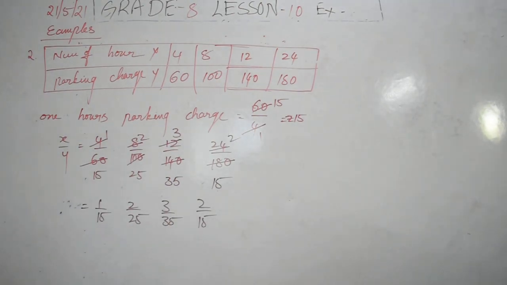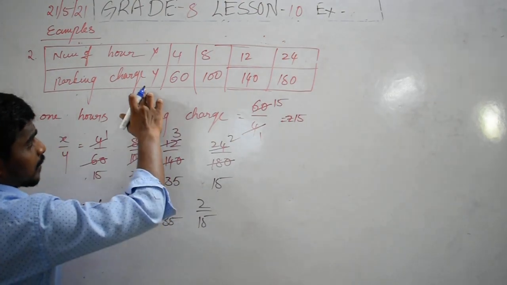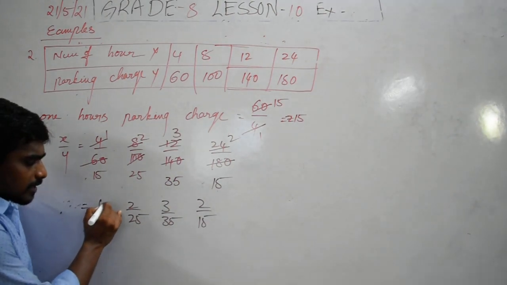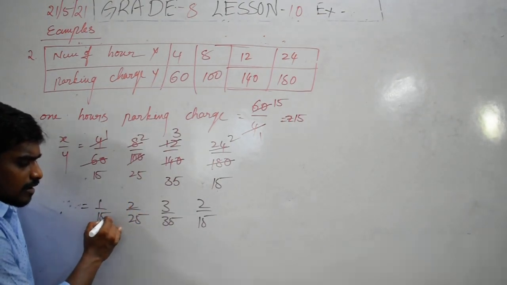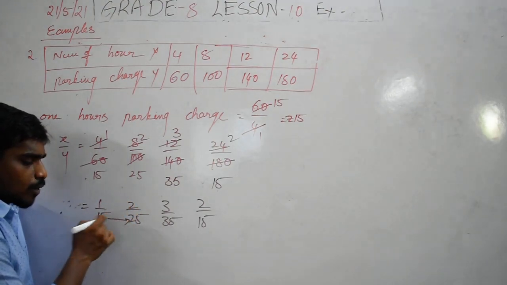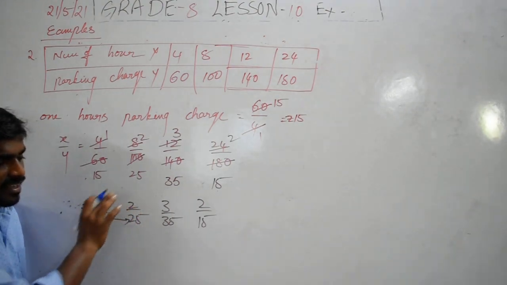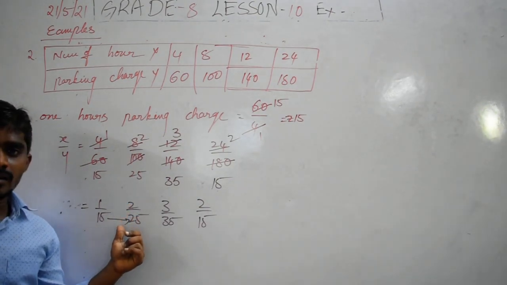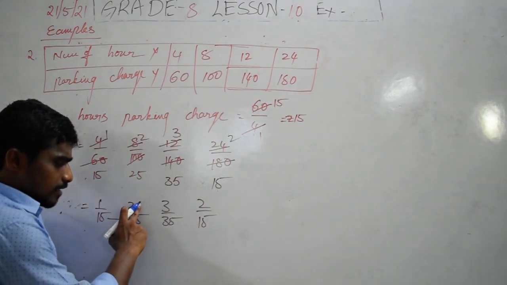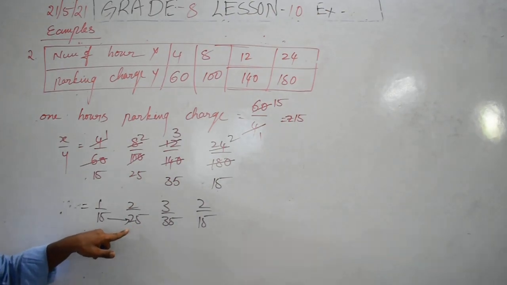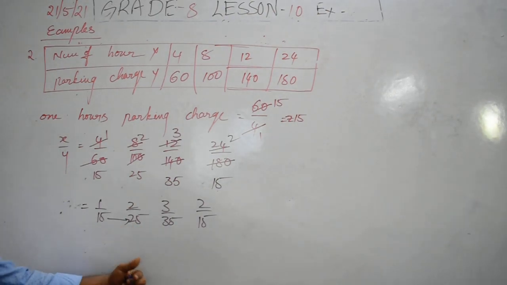See, in direct proportion, both quantities are increasing at a constant rate or decreasing at a constant rate. Here x quantity is increasing, y quantity is increasing, but is it a constant increase or a different increase? These increases are not equal.